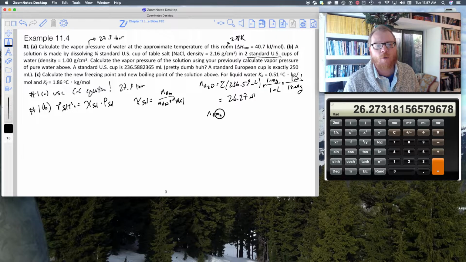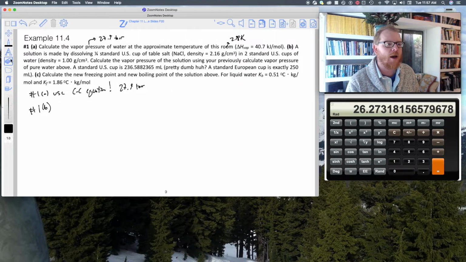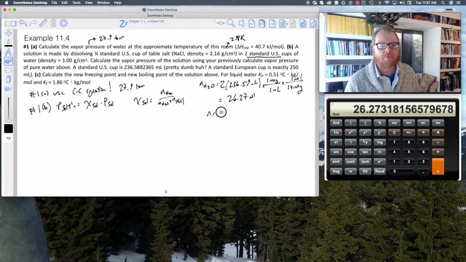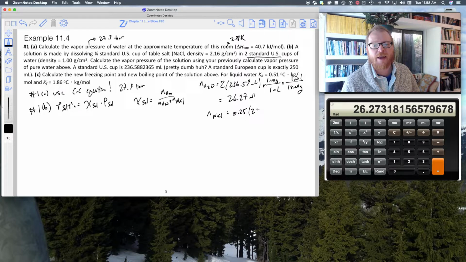So now my number of, not ethanol, but sodium chloride, okay? My number of moles of NaCl is now going to be, so it was 1/4 cup of table salt. So that's 0.25 times 236.59 milliliters.